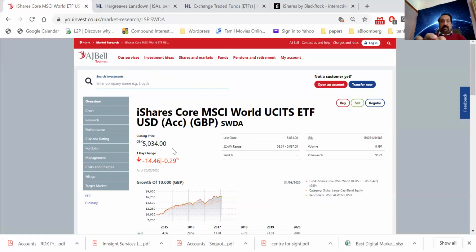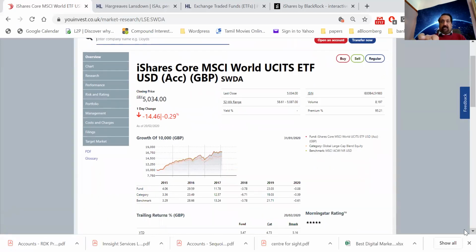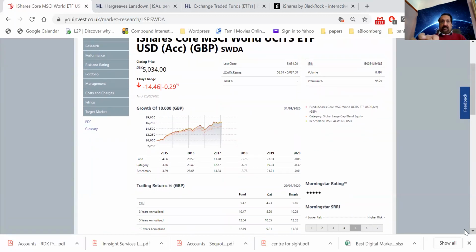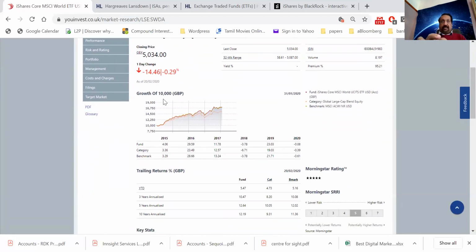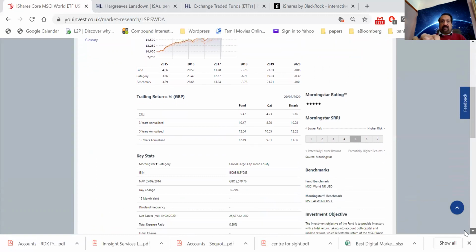Okay. Now, if you go down this chart, you get what happens to 10,000 pounds invested so many years ago. It's become something like 16,000 pounds today. It was started in 2015. It's got all this information, if you're interested, go and find out.